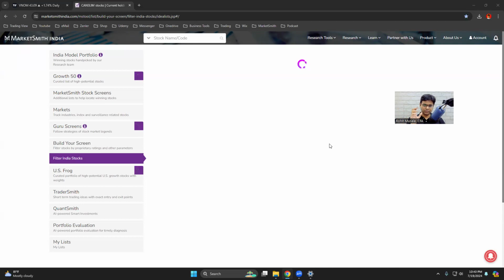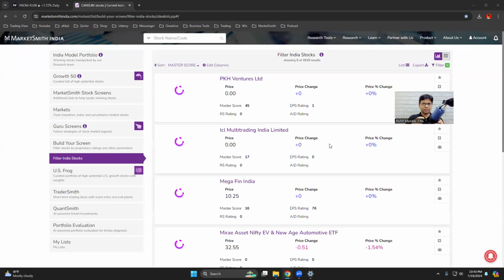Remember, our goal here is to look at all of these thousands of stocks, put the basic filters. The basic filters allow us to go from 5,000 to around 100 to 150 stocks. And out of those 100 to 150 stocks, we can go with 10 stocks, the 10 best setups for the day. And out of those 10 best setups, we can look to buy one or two stocks.